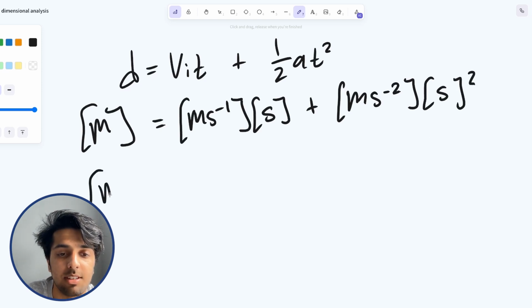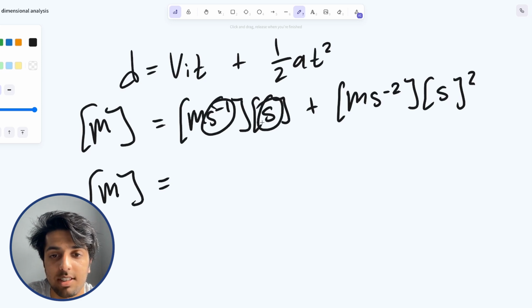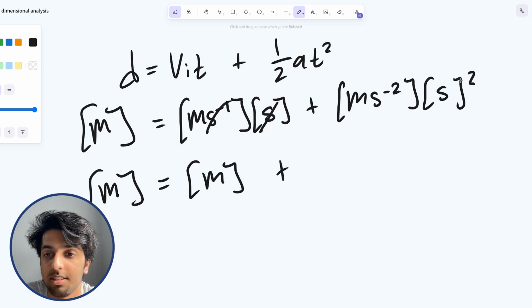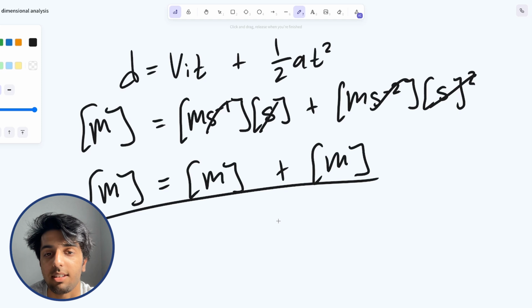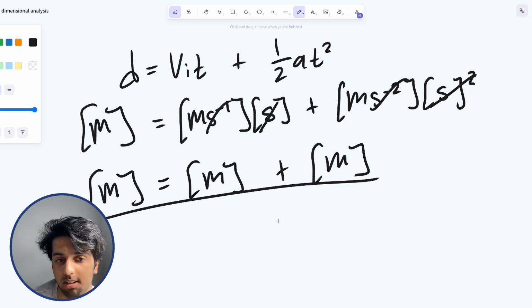And so you can see that this seconds cancels out with this seconds, right? And so we're just left with a meter. And then this seconds, because it's squared, cancels out with this. And again, we're just left with a meter. And so, in fact, we are just adding distances together to get another distance.